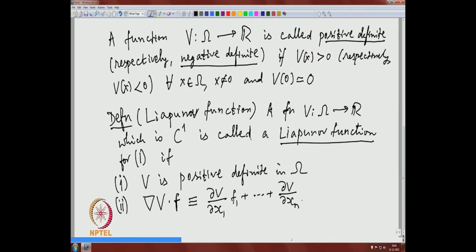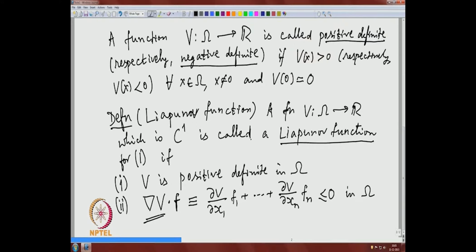Remember V is a function from omega to R, so it is a function of n variables. Now this is a real valued function for all x in omega, and it is less than or equal to 0 in omega. So, at all points in omega we require that grad V dot f, a scalar product, is defined.